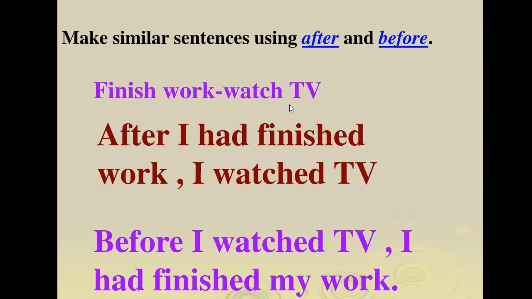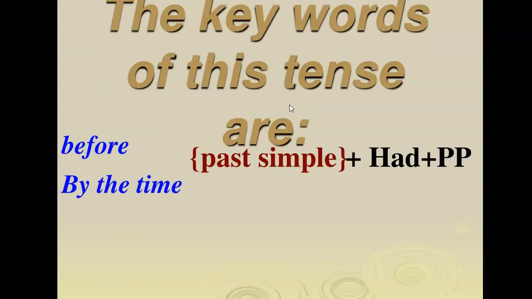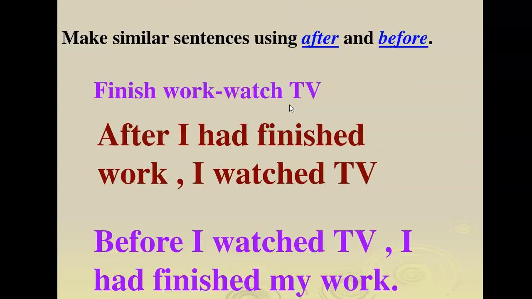For example, here you can see, make similar sentences by using after and before. After I had finished work, I watched TV. Before I watched TV, I had finished my work.